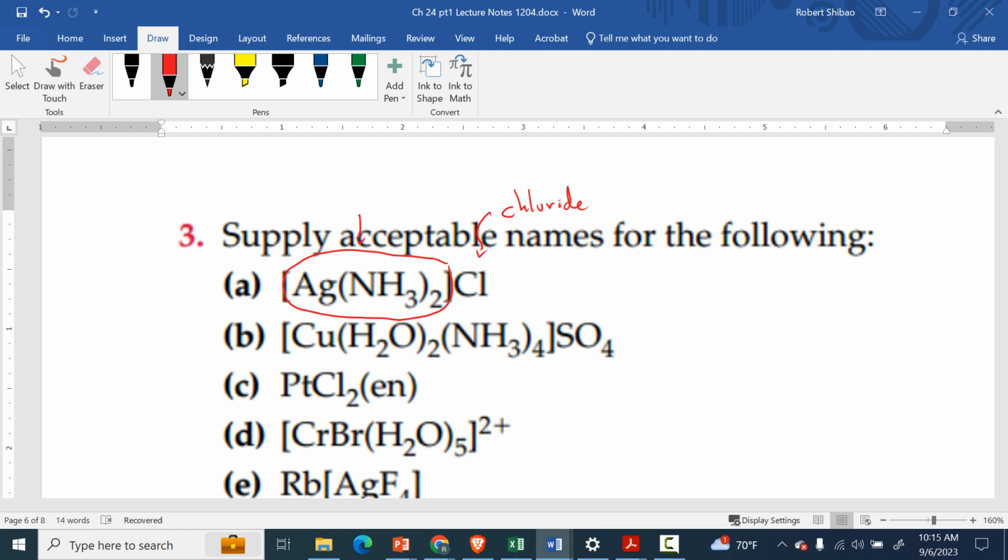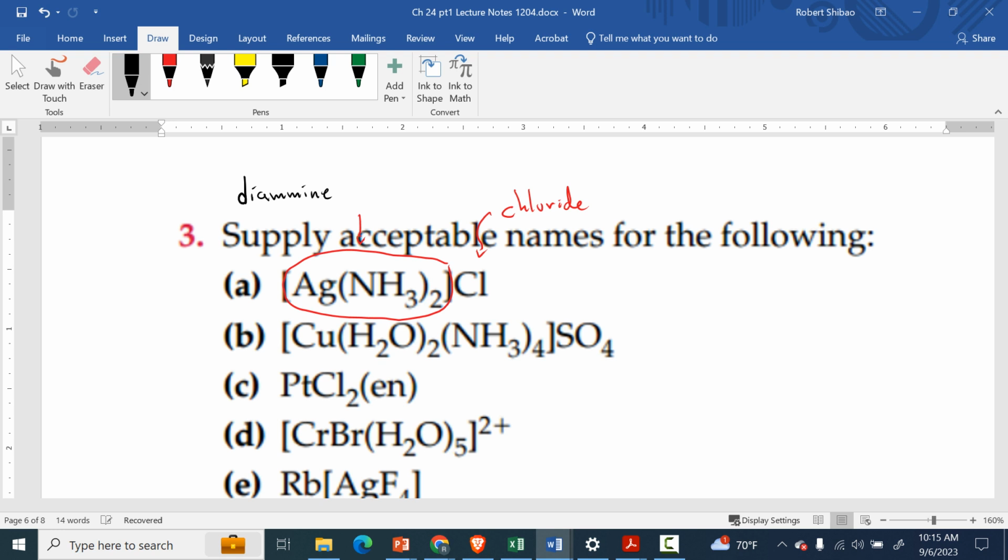So do I start with silver, or do I start with argentate, or do I start with amine? Amine. Okay. And how many amines do I have? 2. So that gets diamine. Is this going to be silver, silverate, argentate?